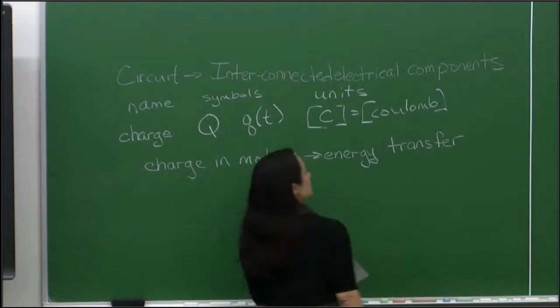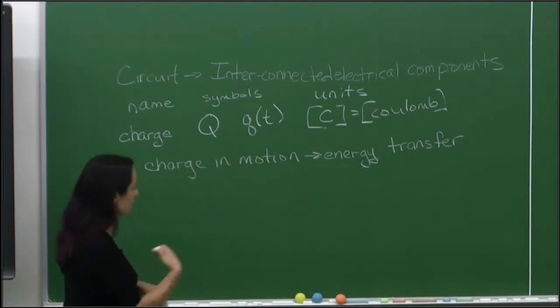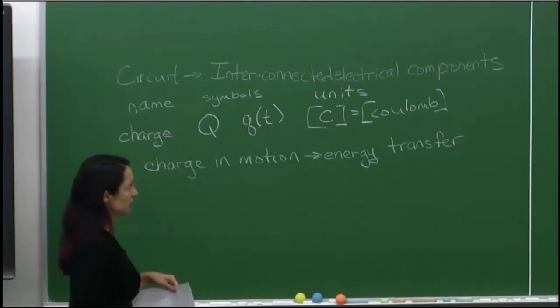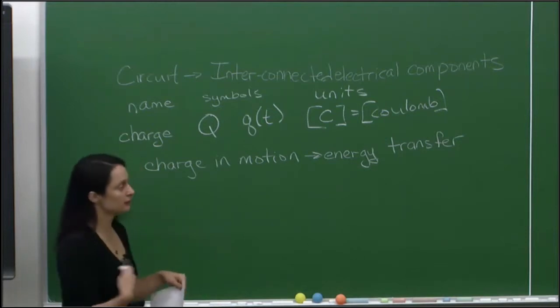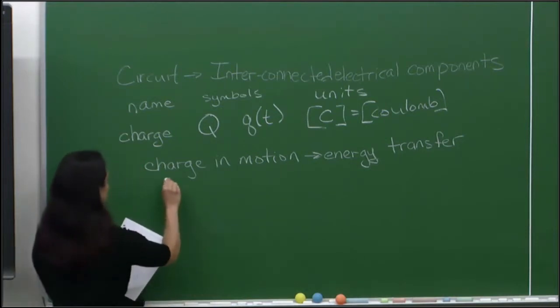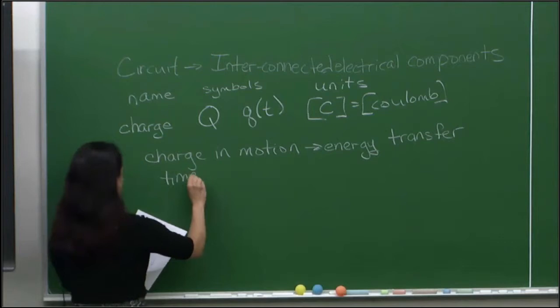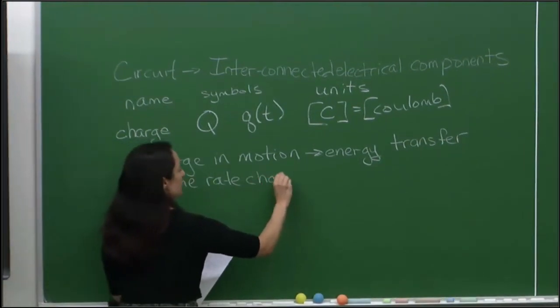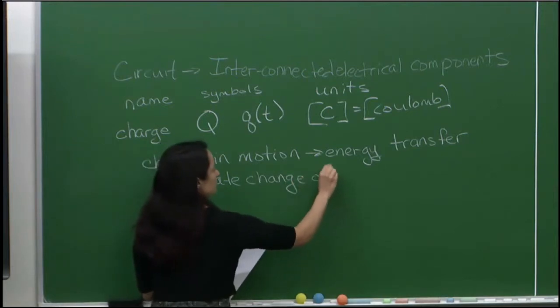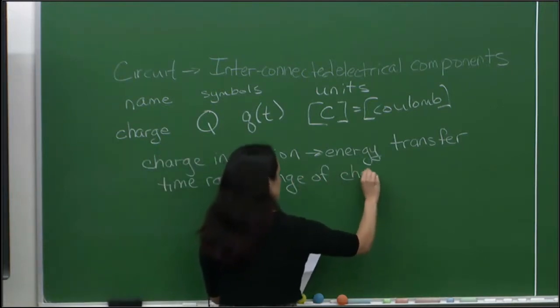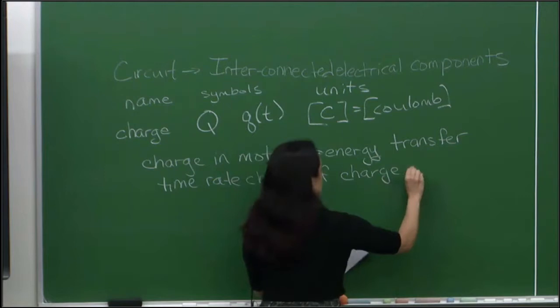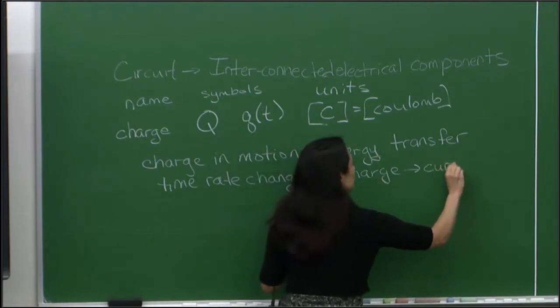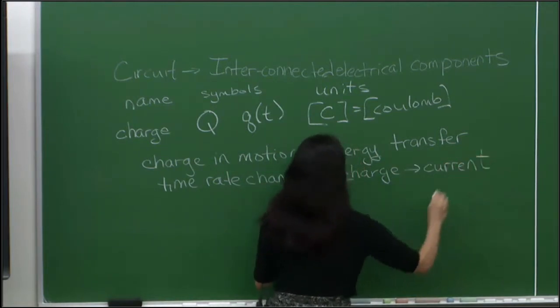So we've got to talk about these coulombs moving around. When you talk about moving them around, it's usually how many of them are moving around in some given amount of time. So if we look at the time rate change of charge, that gives rise to something that I'm sure you've heard before as a word, which is current.